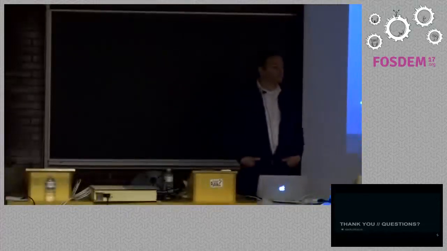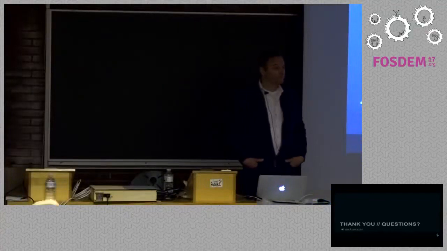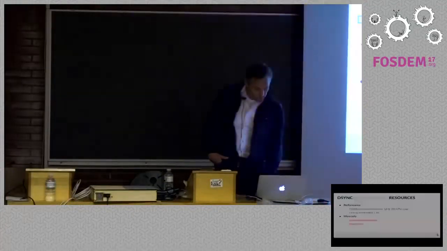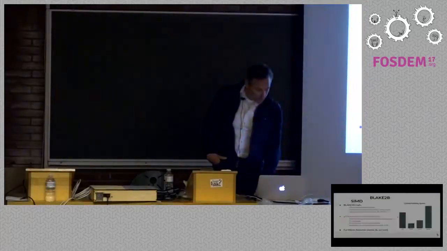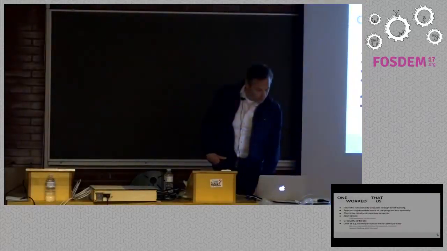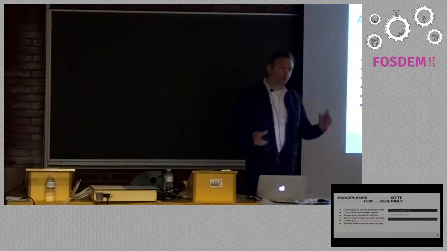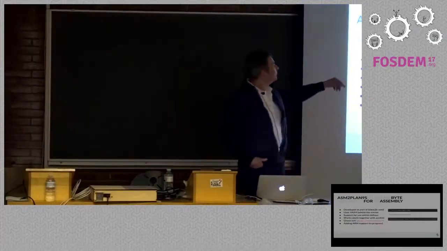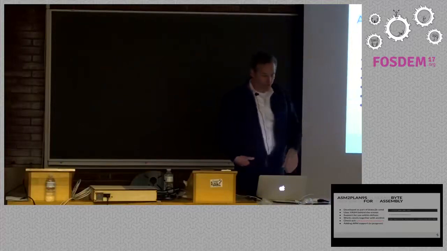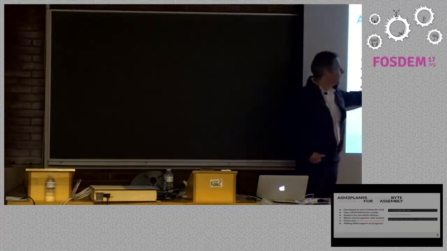I was just wondering, how did you write the assembly? You showed us all these opcodes. Did you use some other assembler and then extract this? For that, we developed a tool, the asm2plan9s tool, and here you see the repository.